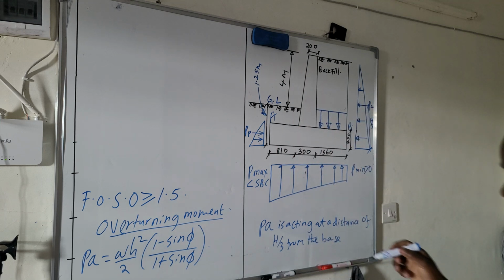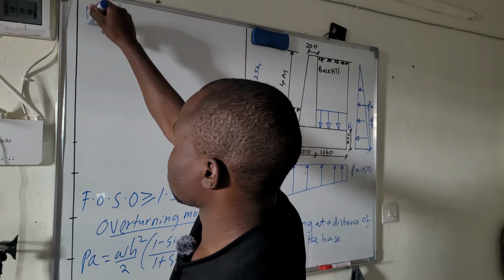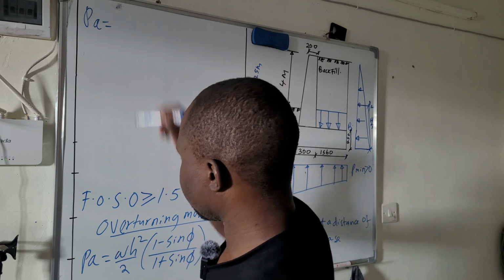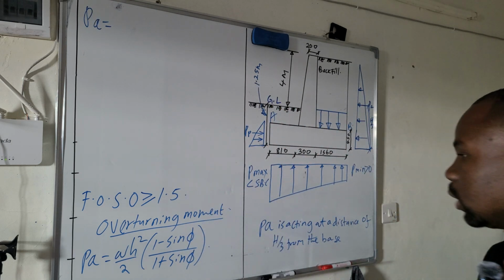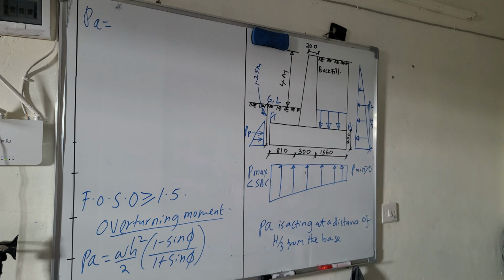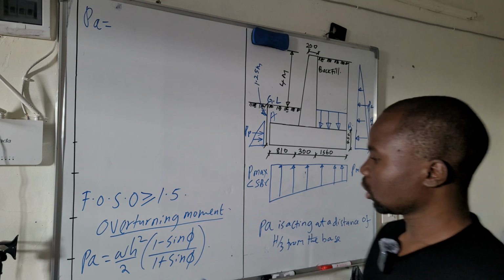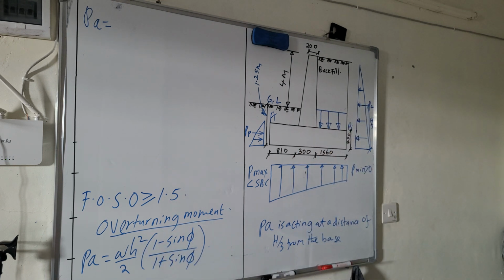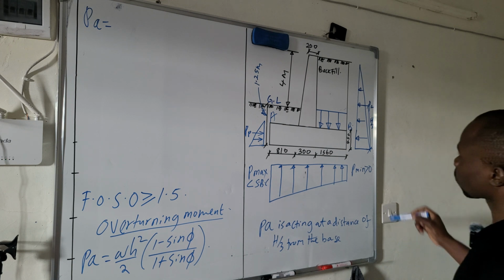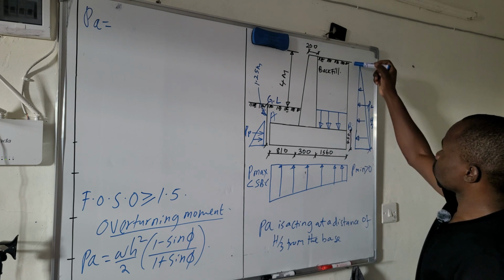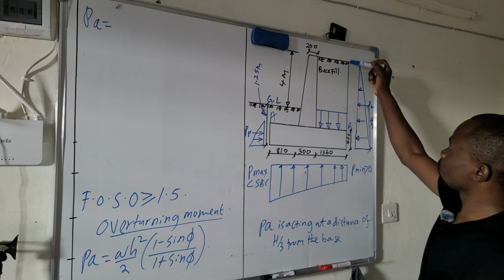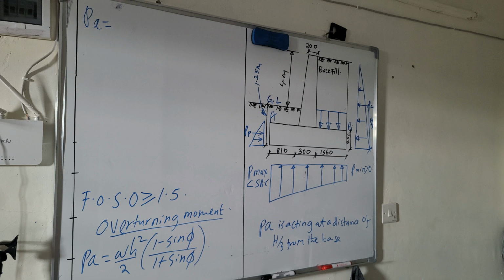So PA is equal to W, where W is the weight of the soil, and H is the height of retained soil, which is the height from the bottom to the top of the retaining wall.